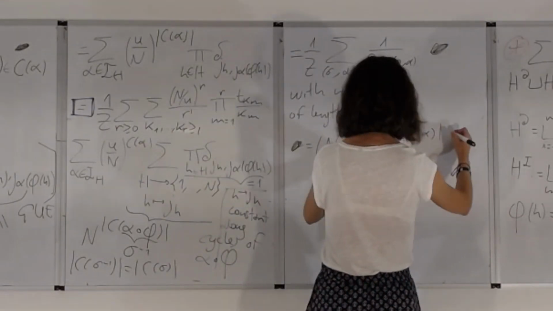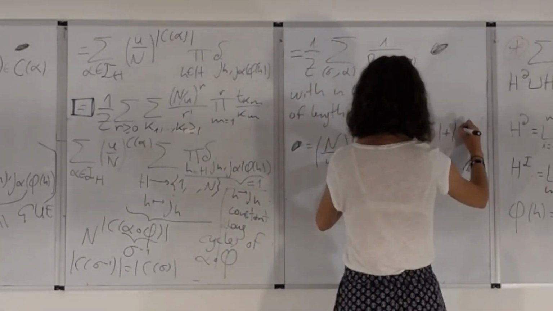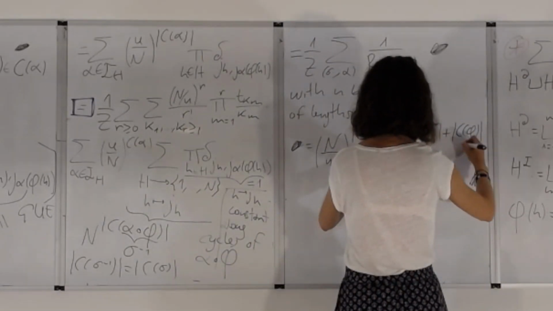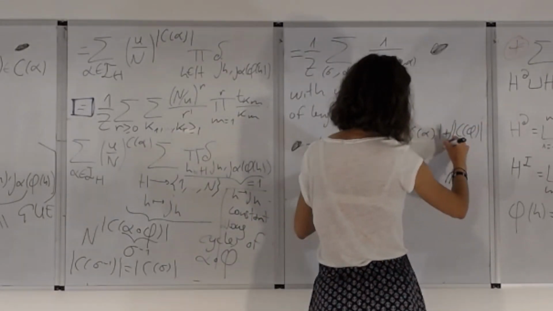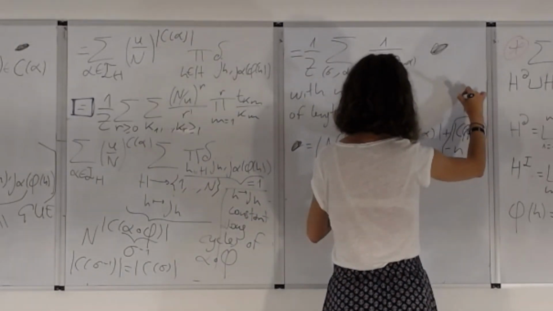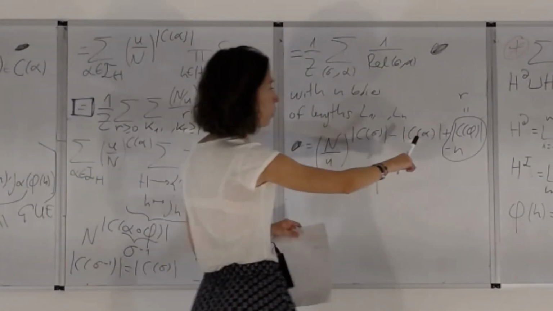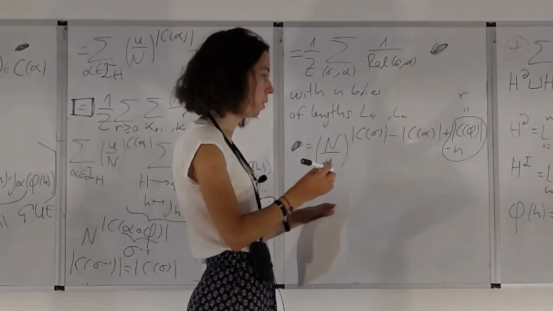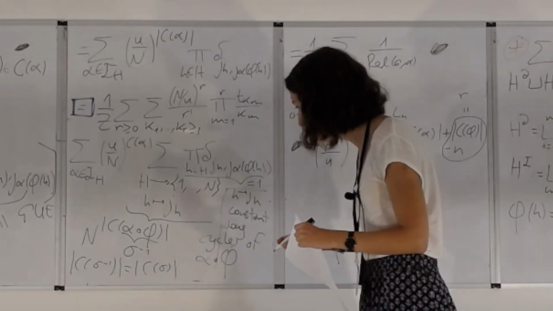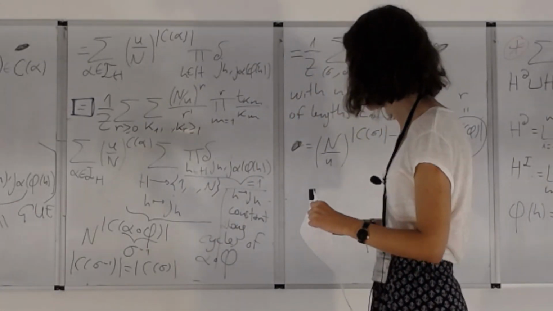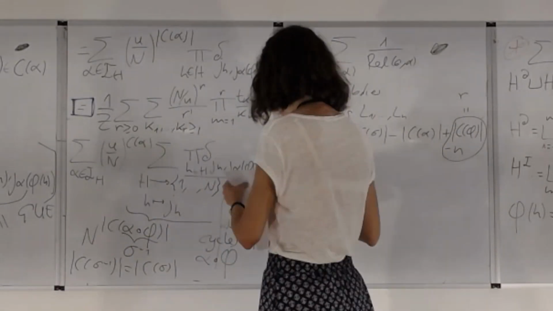And plus the number of cycles of phi minus n, and this is equal to r. R is the number of internal faces, because this is the number of faces minus the number of boundaries. So it's the number of internal faces. And then there is a little mismatch with the u, because there is a guy that doesn't have a u in the denominator, so I need to add it.